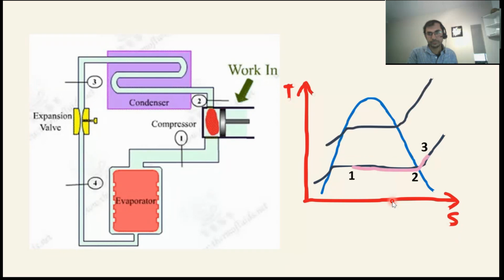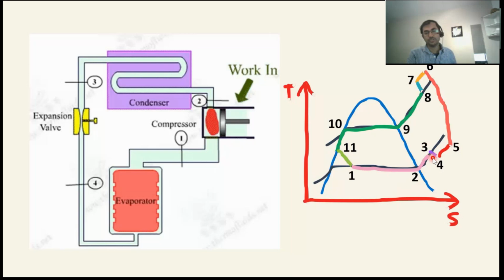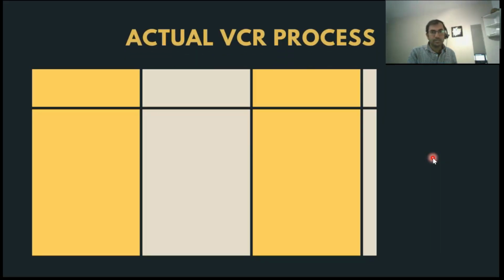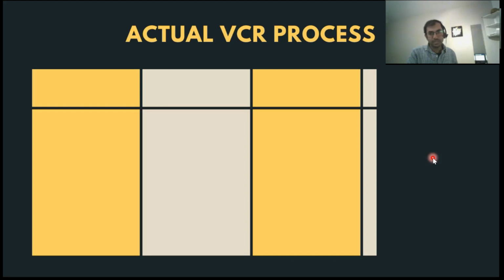This process will be 1 to 3, similar, but here there will be some losses. 3 to 4, there will be some losses. 4 to 5, then from 5 to 6 the compressor, again some losses. 6 to 7, 7 to 8, some losses, and then again 11 to 1. So there will be many losses, and we will try to understand all of them in our diagram for better understanding. This is the actual vapor compression refrigeration cycle.